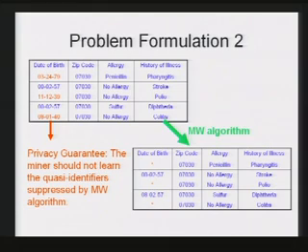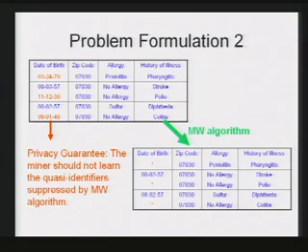I need to go quickly because the second formulation is much more complicated. So in the second formulation, the centralized algorithm we consider is the MW algorithm, which uses suppression to k-anonymize the table. Okay, you can see various entries are replaced by stars. This is called suppression.